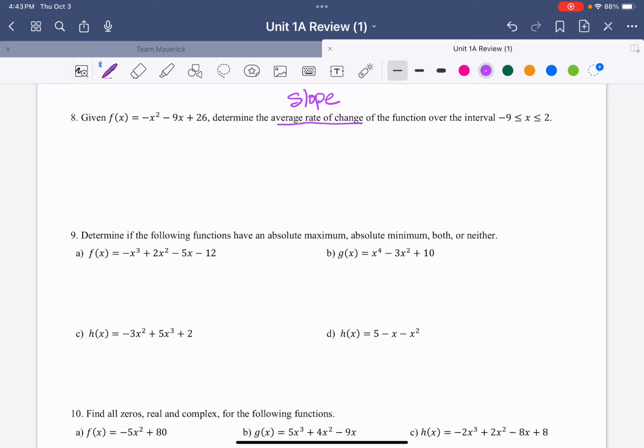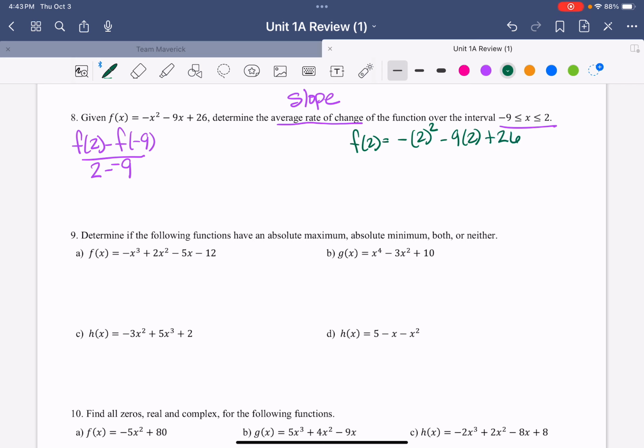So here's my function notation since I'm on this interval. It is f of 2 minus f of negative 9 over 2 minus a negative 9. Now, I need to find f of 2 and f of negative 9. So, I'm going to find f of 2. That's going to be negative 2 squared minus 9 times 2 plus 26.